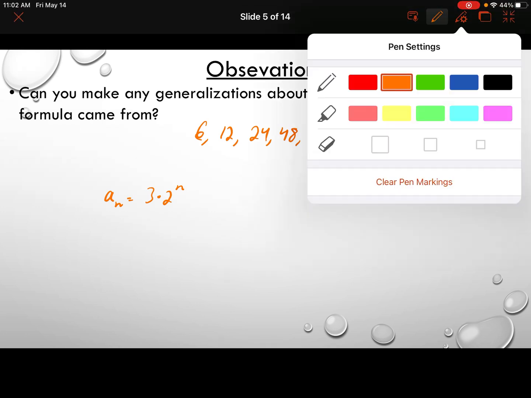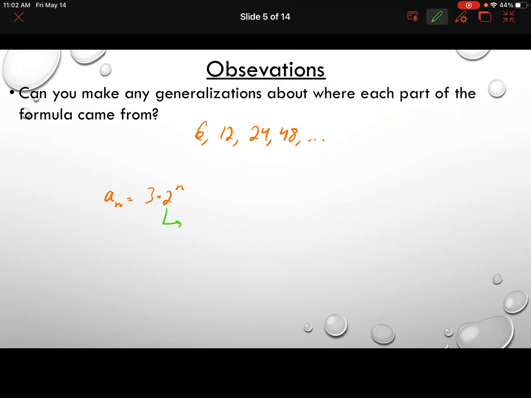Well, we already talked about that this 2 comes from the fact that we're multiplying by 2 repeatedly. So that's why the 2 has the exponent. We're not multiplying by 3 repeatedly, right? Because once again, 6 times 2 is 12. 12 times 2 is 24. 24 times 2 is 48, so on and so forth. So we're always multiplying by 2.